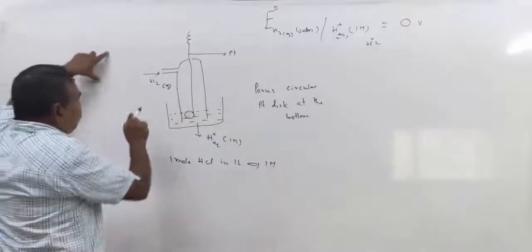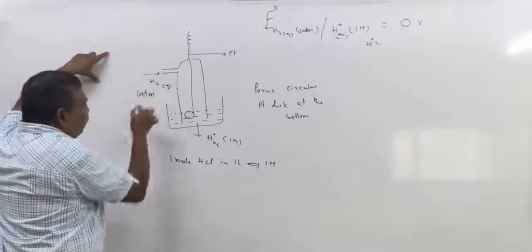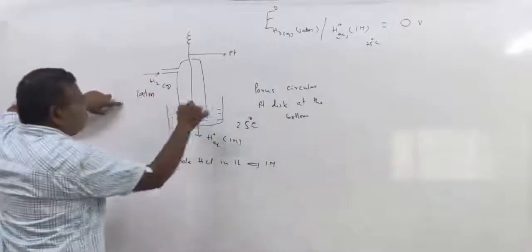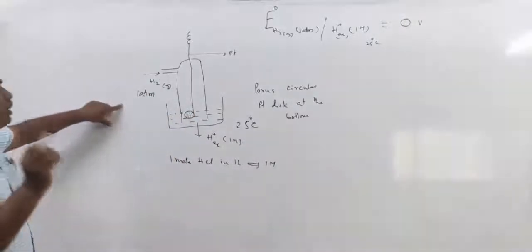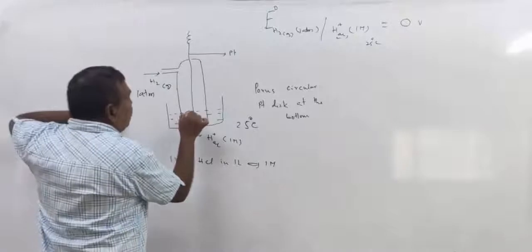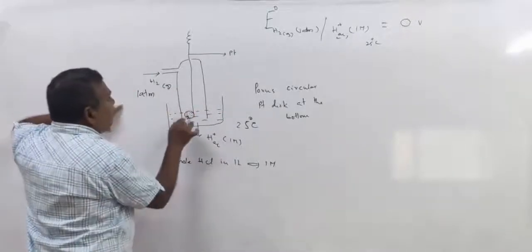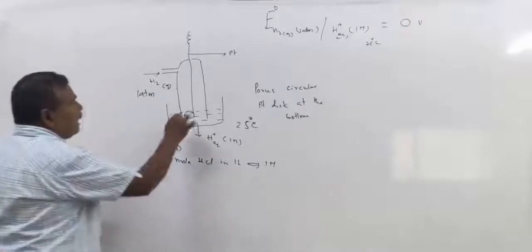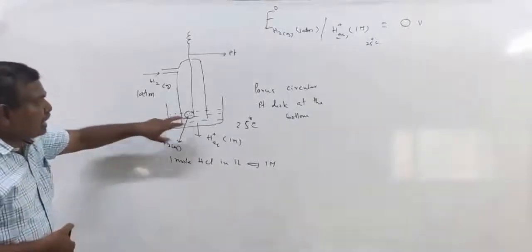Now, if hydrogen gas is passed at 1 atmosphere, hydrogen molecules are very small molecules. Those molecules insert in the tiny holes of the platinum disc.